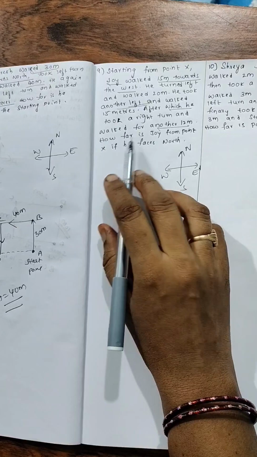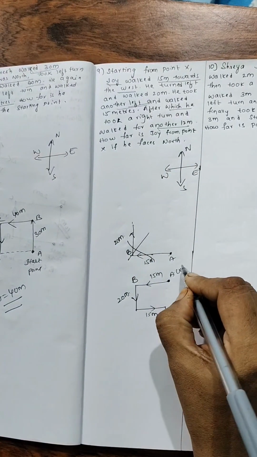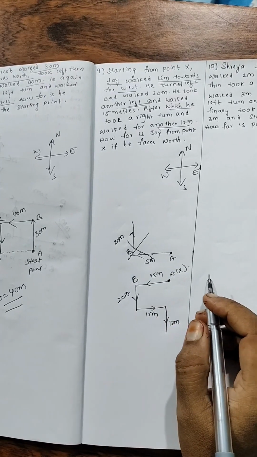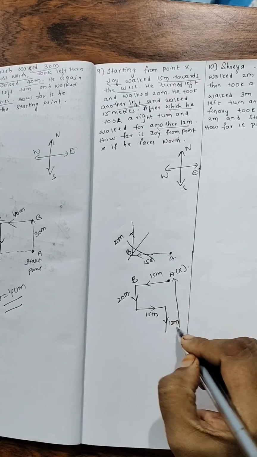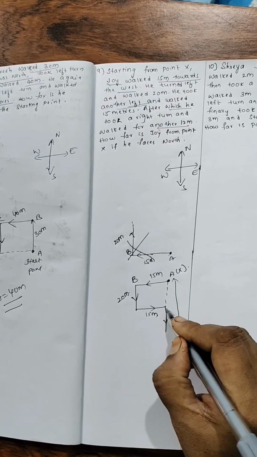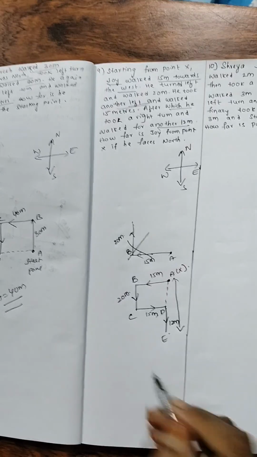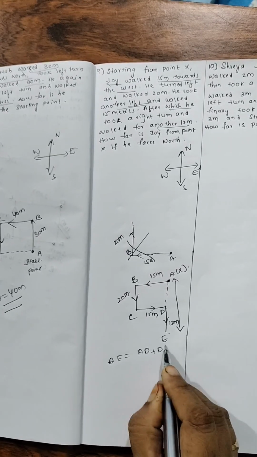Now, how far is Joy from the point A or X? Okay, if he faces north. How far means we have to find this distance. Join these two. Now A, B, C, D, E. So AE is equal to AD plus DE.